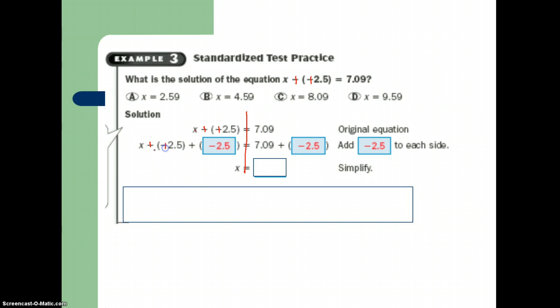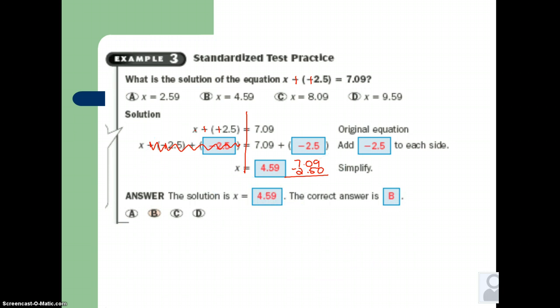Again, this is positive, so we add negative, that clears it on the left side. Now we have different signs, so we're actually going to subtract. Different signs is subtracting. x equals 4.59, which is B.